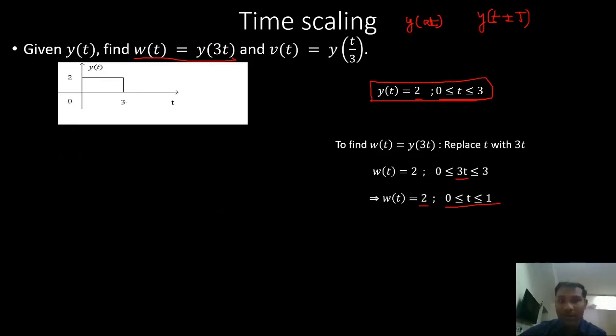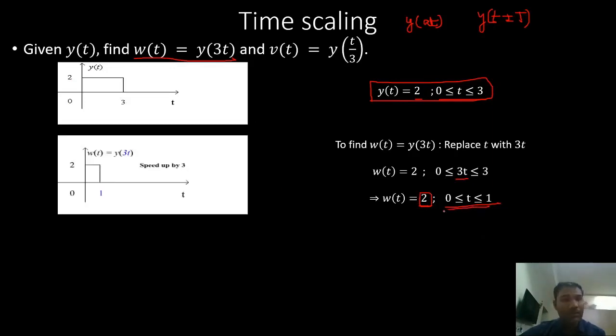Now w of t will become 2 only in the range of 0 to 1. Otherwise, in all other ranges, it is 0. Only in between 0 and 1, it is 2.